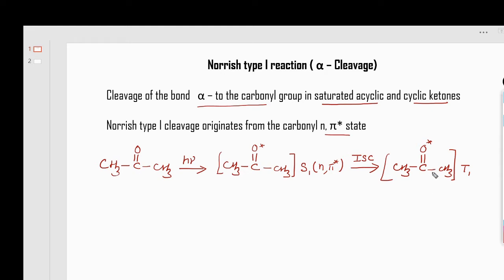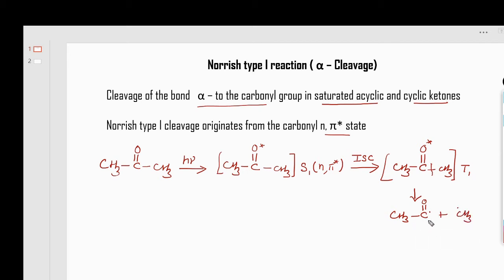This bond is the alpha bond, and this bond is also alpha bond. Any one of this would break, because in this case both sides it's identical, so I can break any one of this. So let's say I break here, and this results in formation of CH3C=O radical plus CH3 radical, methyl radical.